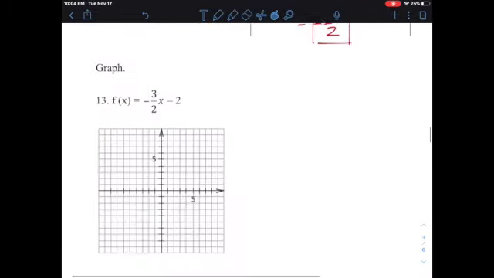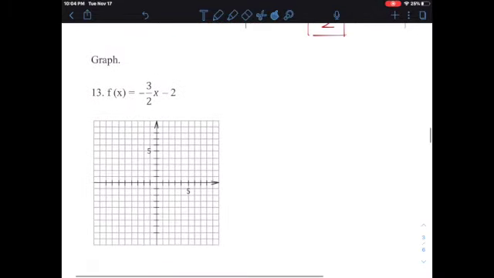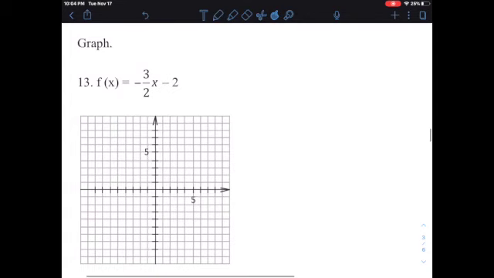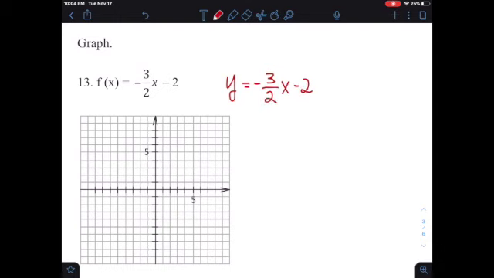So for example number 13, it's really again f of x equals -3 over 2x minus 2. I want you to pretend that's y equals -3 over 2x minus 2. So in this case by now you should know m is equal to -3 over 2, and it works the same way. b equals -2.